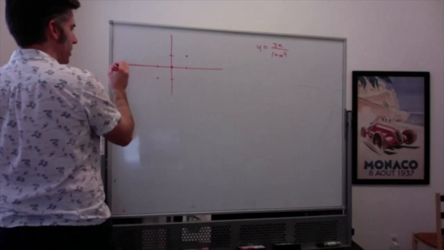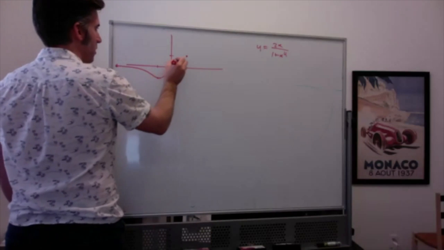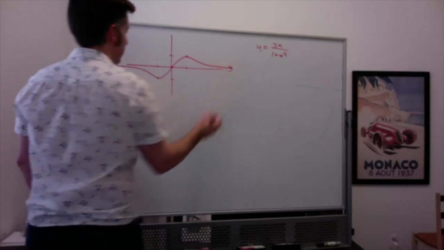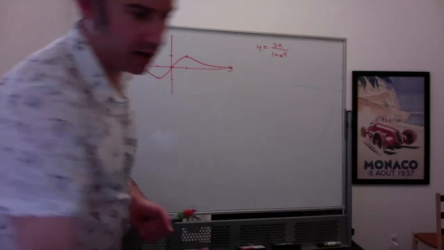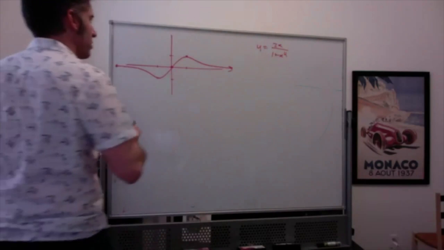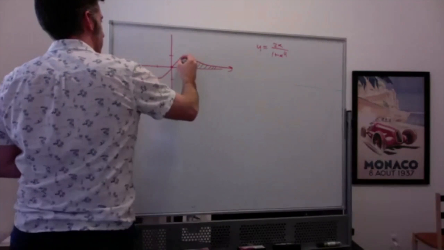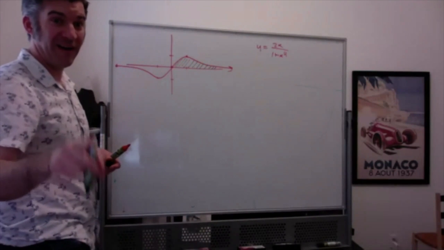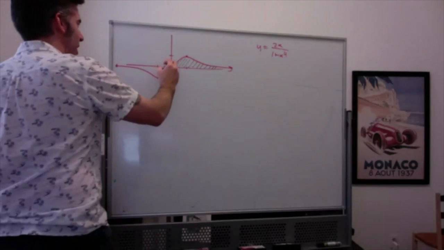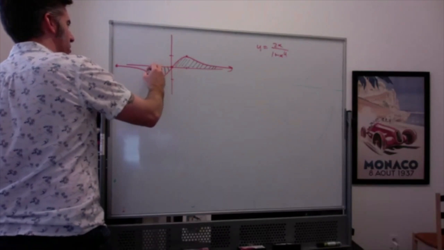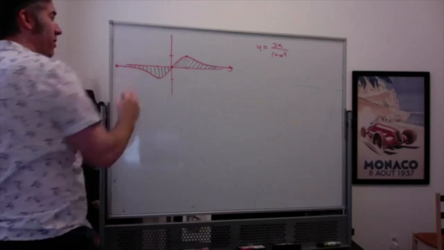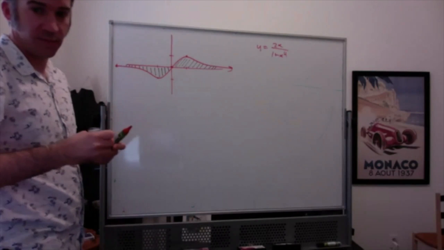So it kind of looks like this. And you can see, hopefully, that the area over here is positive and finite. It's going to cancel out with the area over here, which is the same amount but negative. So that's why we get 0.